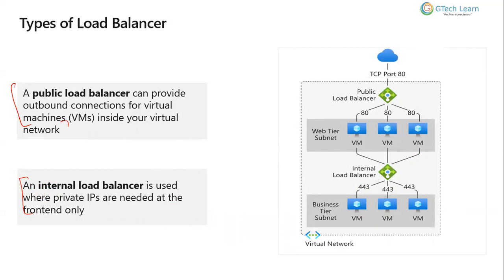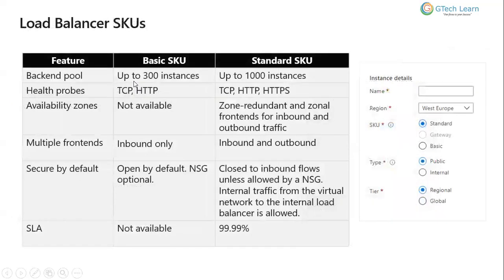And if we want to manage traffic inside the virtual network, we utilize the internal load balancer, where private IPs are needed on the front end only and there is no interaction with the public internet. So these are the two types of load balancer.